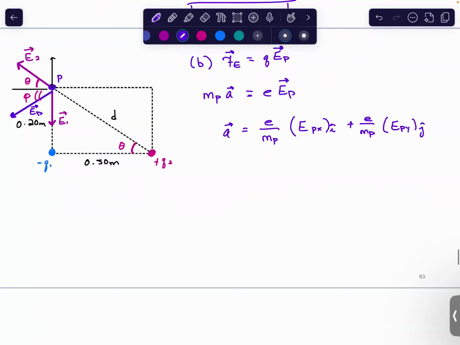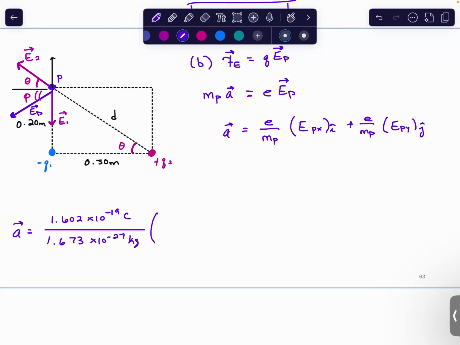Okay, these are some large numbers. The elementary charge, 1.602 times 10 to the negative 19th coulombs. Mass of a proton, 1.673 times 10 to the negative 27th kilograms.